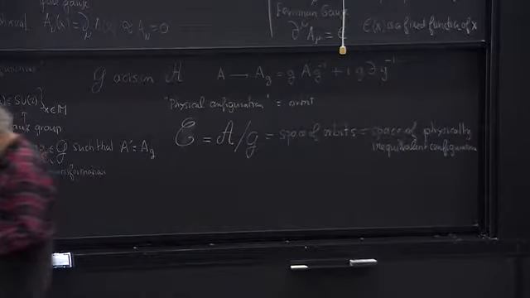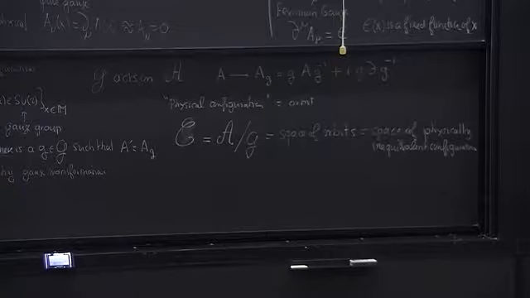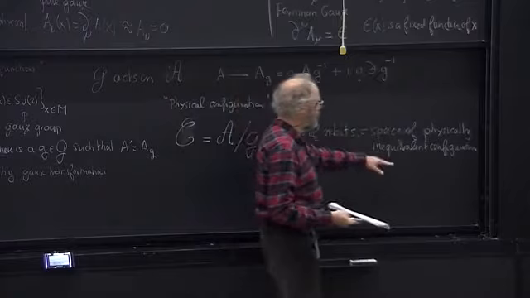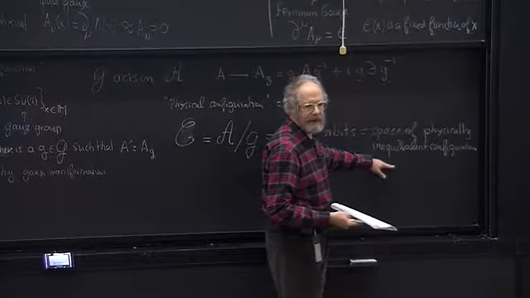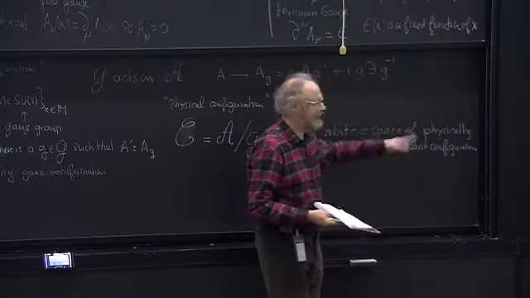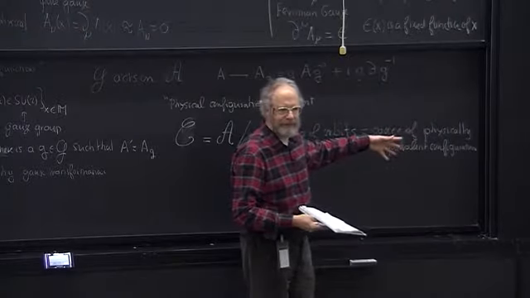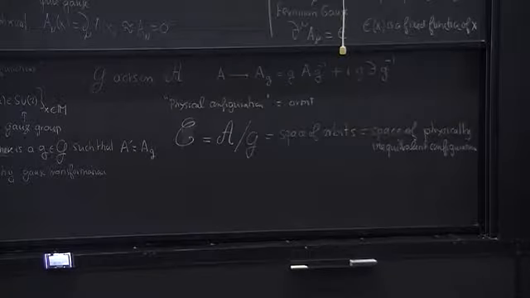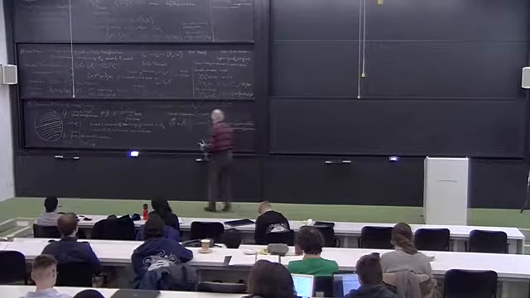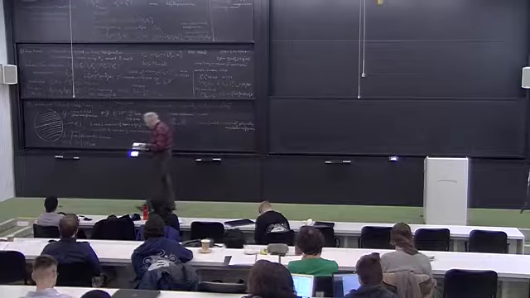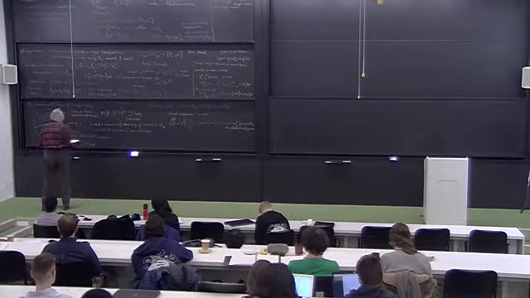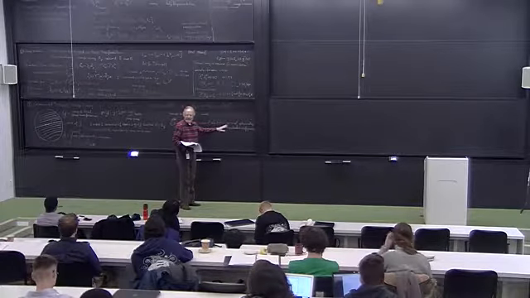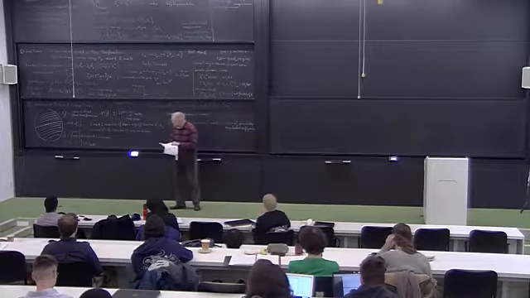Okay? So in Maxwell's theory, it will be the space of inequivalent configurations of electric and magnetic fields, not necessarily solutions of the Maxwell equations, but it's a space in which we must solve the Maxwell equations, for instance.